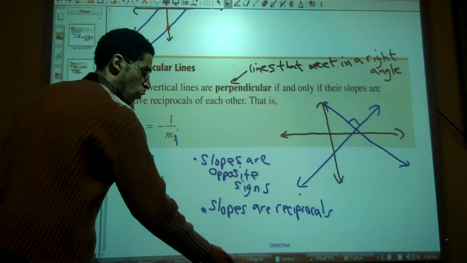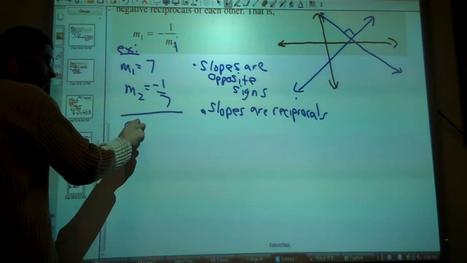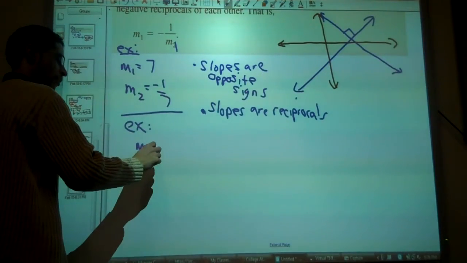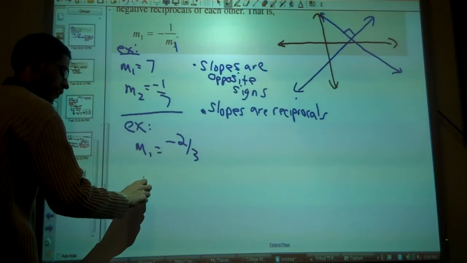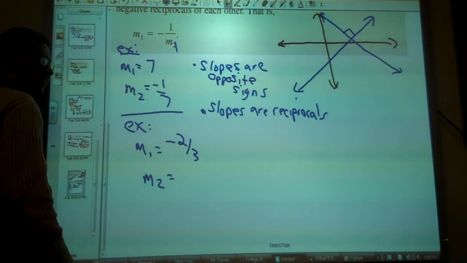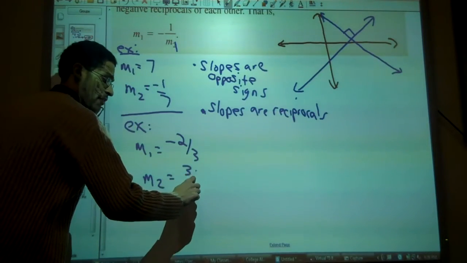What's better is when they're both fractions. If one of them is negative 2/3, the other one is 3/2.